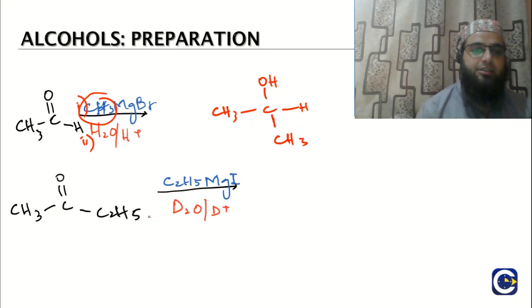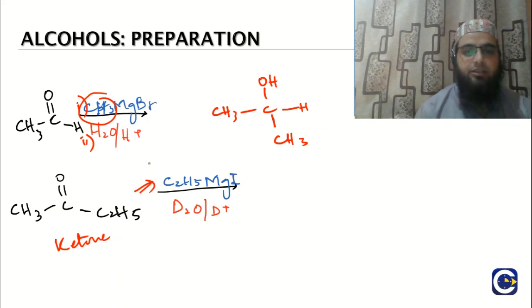Another example, this is a ketone. Now we are reacting it with the Grignard reagent. These are different forms of the Grignard reagent that I have added for clarity.